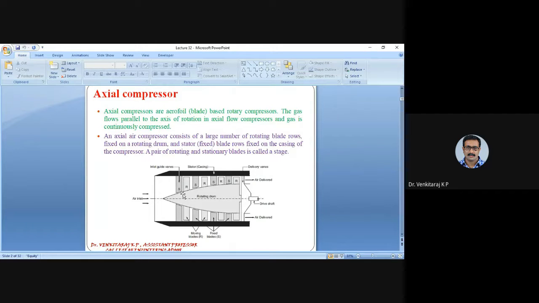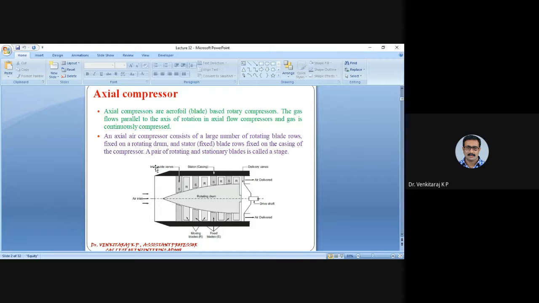So you can say that it is a series of stages. A series of stages means SR is one stage, then the second stage with the second stator blade and rotor blade, the third stage with the third stator and third rotor blade. Like that, you have a series of stator rotor arrangements here, and each stage consists of a stator and rotor blade. So we can say that these axial compressors are mostly multi-stage compressors.